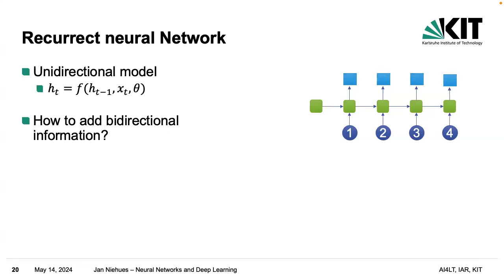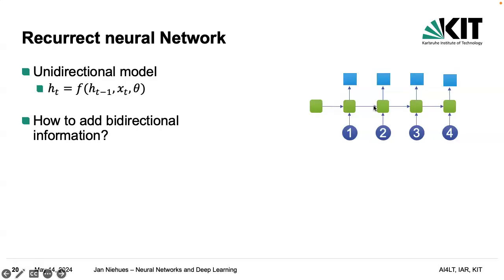So we have a unidirectional model. Your third hidden state here only depends on positions 1, 2, and 3, but it doesn't depend on position 4. So unidirectional means your hidden representation always depends only on the previous ones, but it never depends on the future ones. And that is, of course, somehow a limitation which we don't need in the encoder.